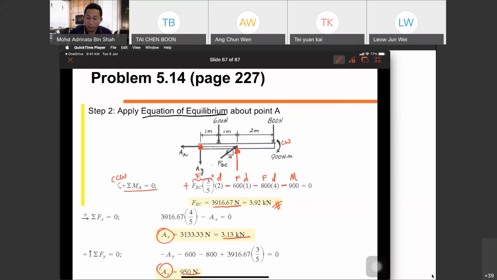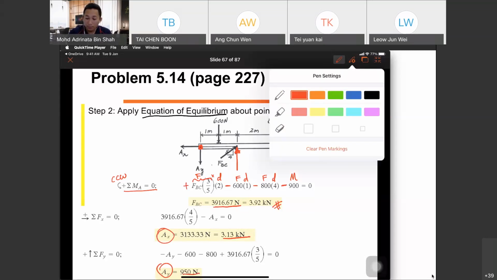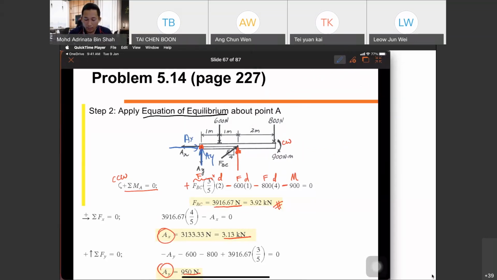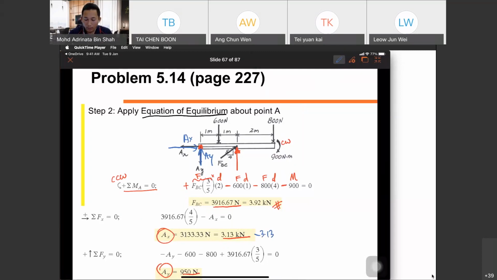If you draw your AX that way, AY that way, the answer will be negative 3.13, so 3.13 kilonewton, positive in X, in the negative direction.